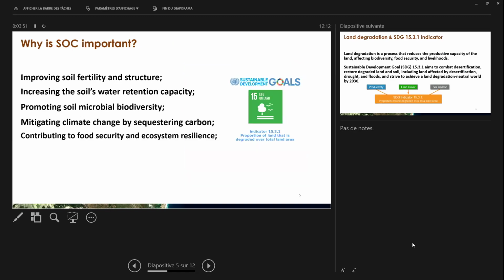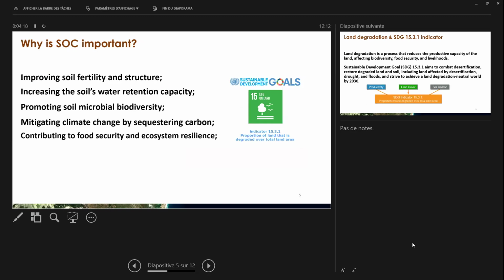Why is soil organic carbon really important? This element can improve soil fertility and serves as a key indicator of soil fertility and structure, increasing the soil's water retention capacity.